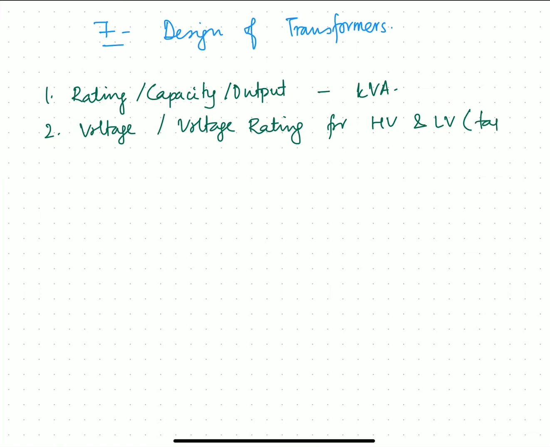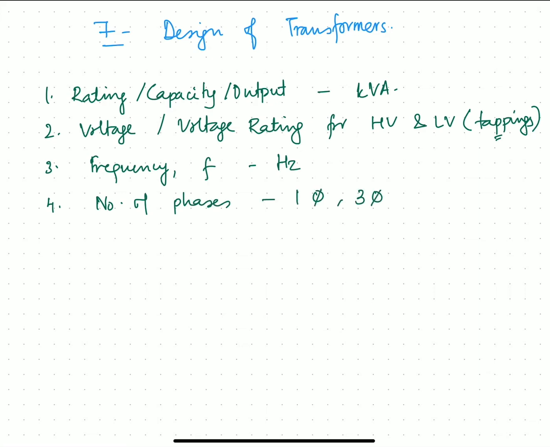Additionally, you may have tappings, so if there are any tappings you have to factor in those as well. The operating frequency F, which is in hertz. The number of phases, it could either be a single phase transformer or a 3-phase transformer.